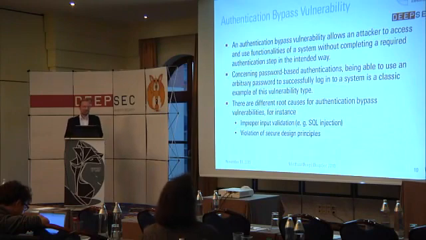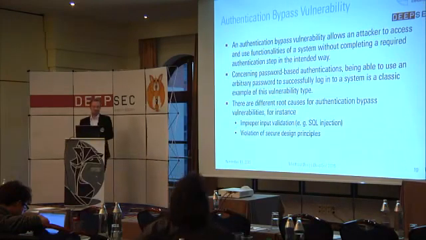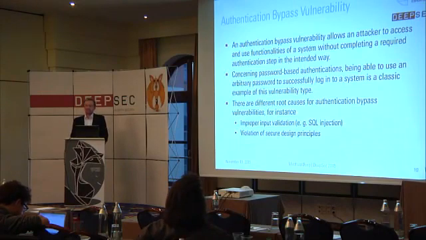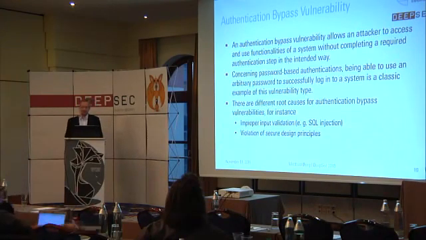Okay, so now some details about the authentication bypass vulnerability in this talk. An authentication bypass vulnerability allows an attacker to access and use functionality of a system without completing a required authentication step in the way intended by the actual programmer or the manufacturer.